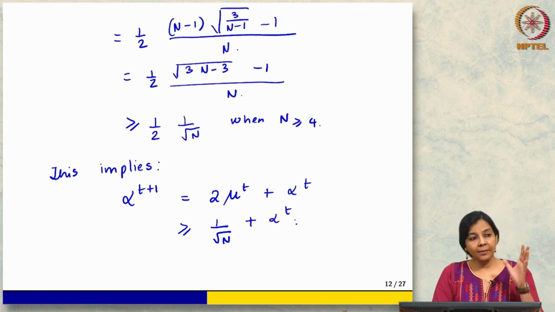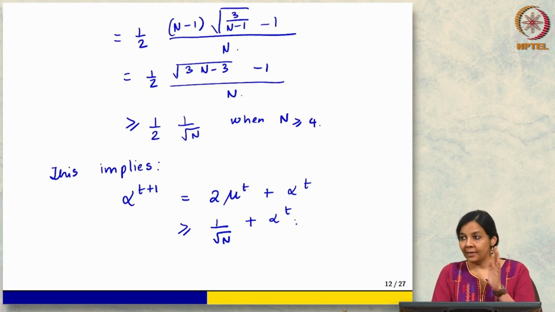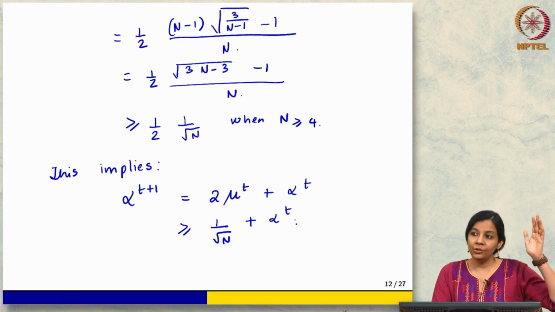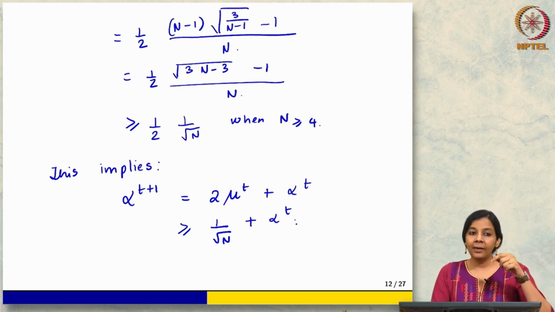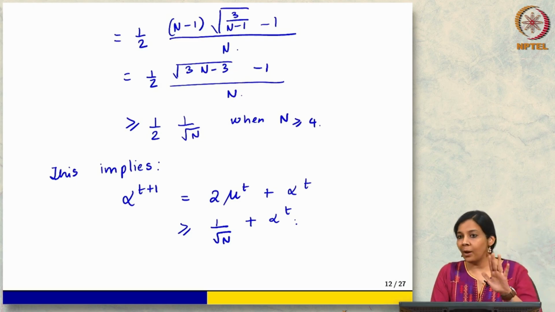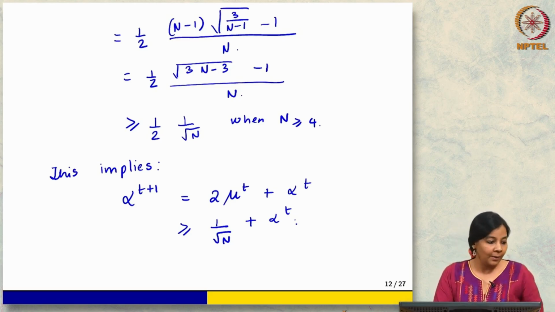So we are saying that as long as your alpha t is not already huge, bounded above by half, I will get in my next step at least a 1 over square root n increase. Okay, so that is good. So this is showing that at least I am making progress, right. This is not just hand wavy, but we are proving that we are making progress.